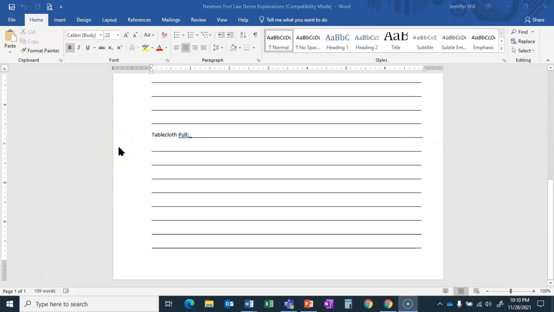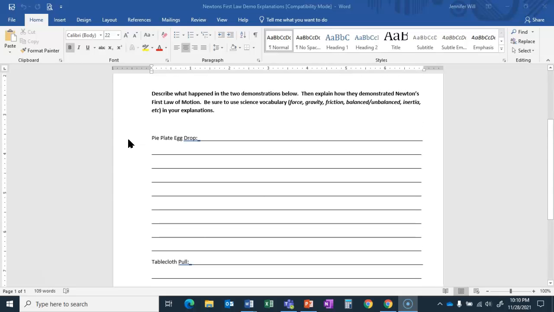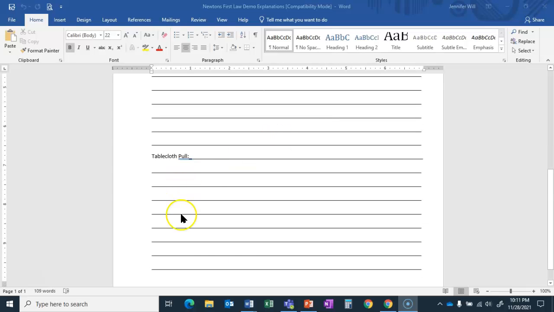And then you were supposed to have written a description of what happened with the tablecloth pull using, of course, science vocabulary, a good scientific explanation using science vocabulary. And I listed some of the science words that should probably be included in your explanation. So we're going to actually focus in on the last part of that paper today, but you need that paper.